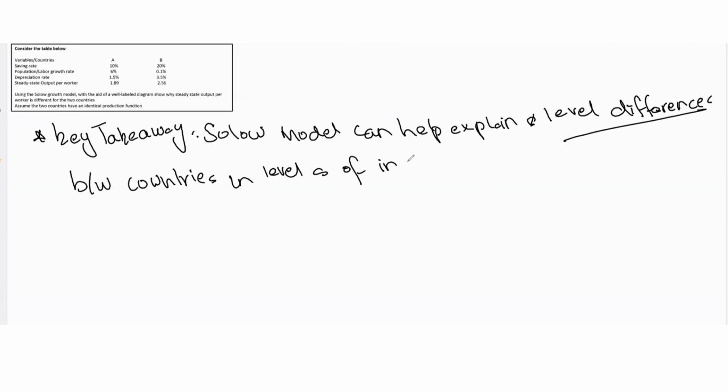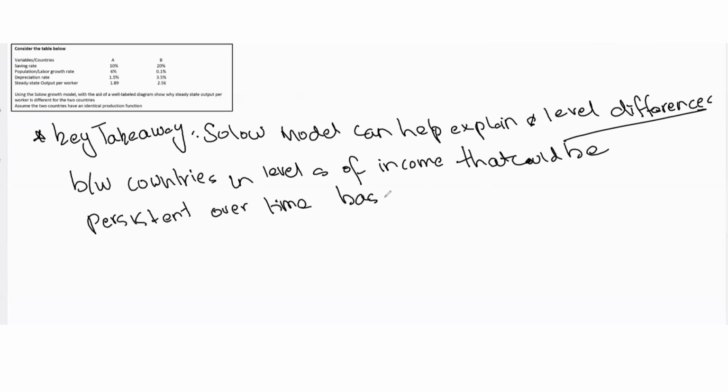Levels of income that can be persistent over time, right? So we're explaining level differences in levels of income that would be persistent over time based on different structural parameters.